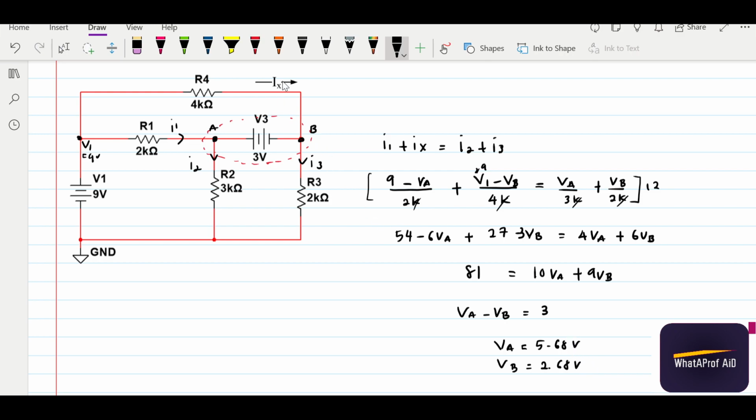Then if you want to find the Ix here, that actually refers to this expression where we can find it as 9 volt minus 2.68 over 4k. We have 1.58 milliampere. Okay, so that's how we will utilize the supernode to solve the circuit.